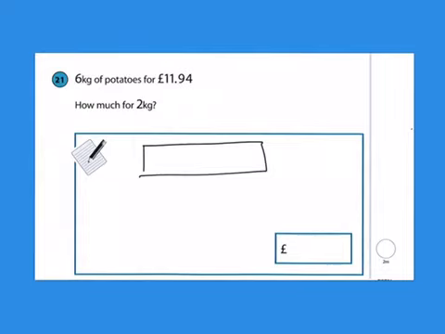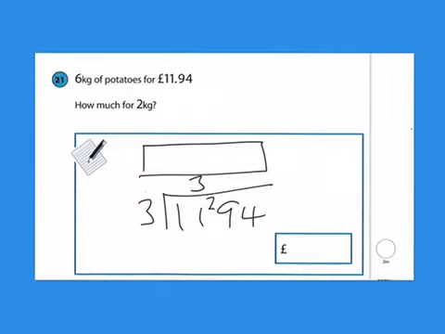Right, we're going to have to divide it by 3. 3 into 1 doesn't go, 3 into 11 goes 3 times, which is 9, and 2 left over. 3 into 29 is, well, 3 8s are 24, 3 9s are 27, so 9 with a 2 left over, and then 3 8s are 24, so it would be £3.98.